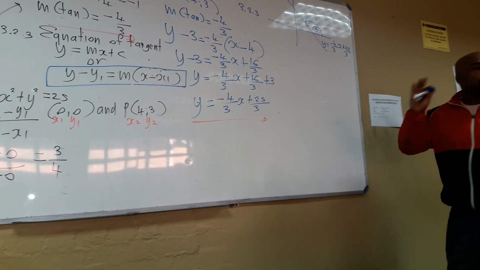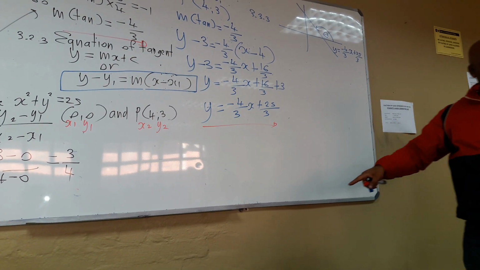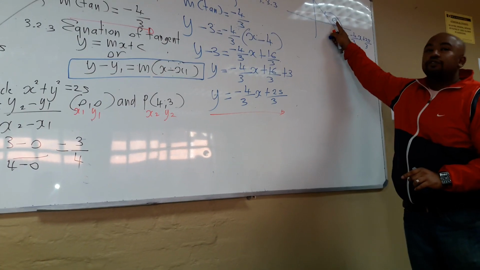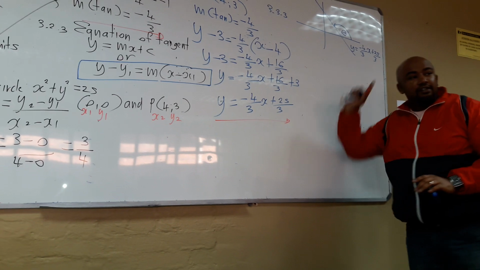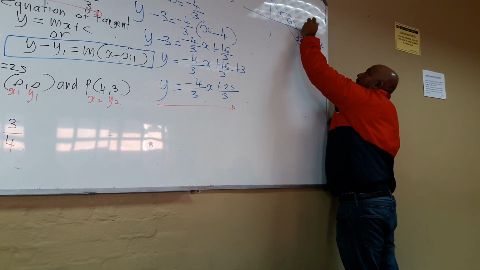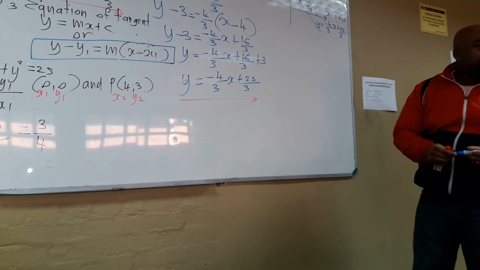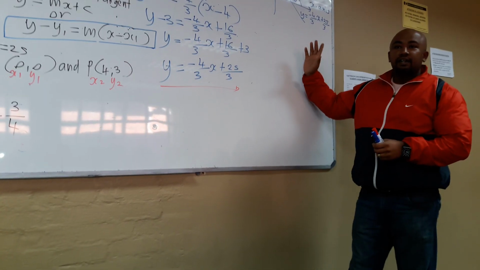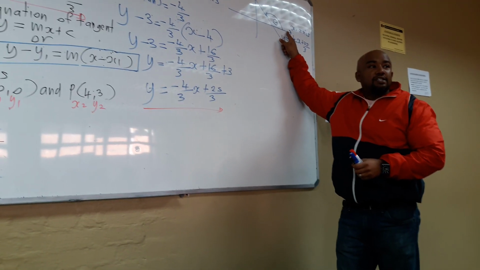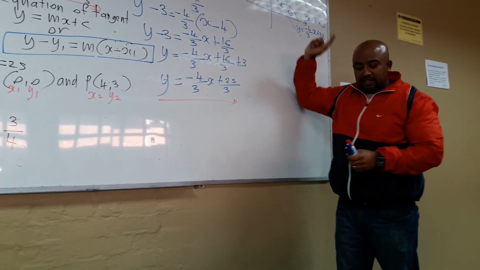I'm just redrawing the line. I don't need to redraw the circle. We want to find this angle. Now, this side here is the positive x-axis. So if we are measuring an angle from the positive x-axis to the straight line, what is that?